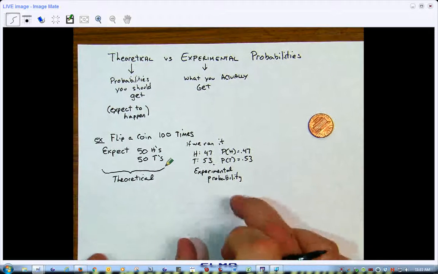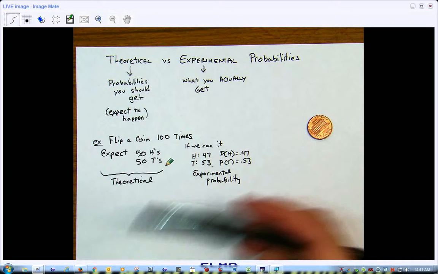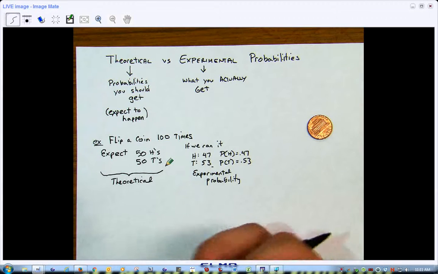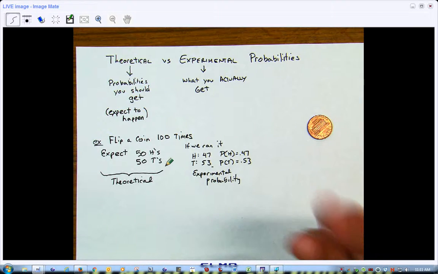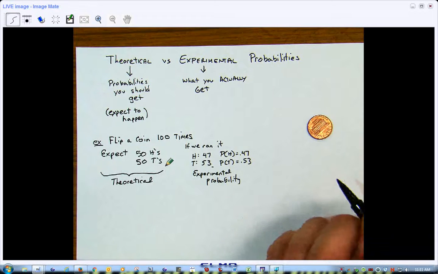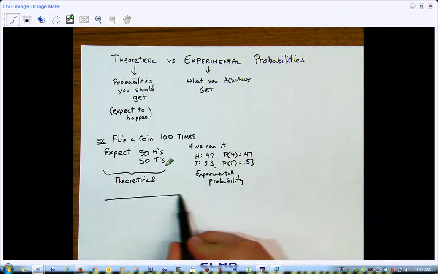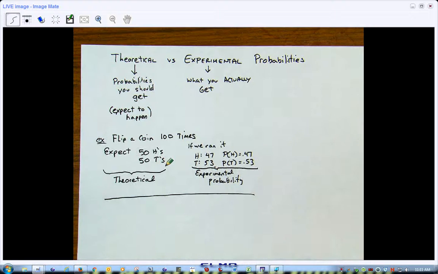Experimental probabilities can be anything. It could be 99 heads and 1 tail, which is extremely unlikely, but it could happen. But the big thing to start off with is, what's the difference between theoretical and experimental? Theoretical is what should happen. Experimental is what actually does happen.